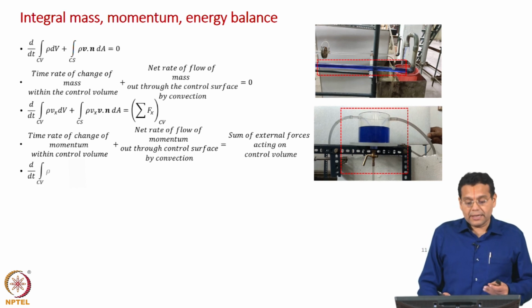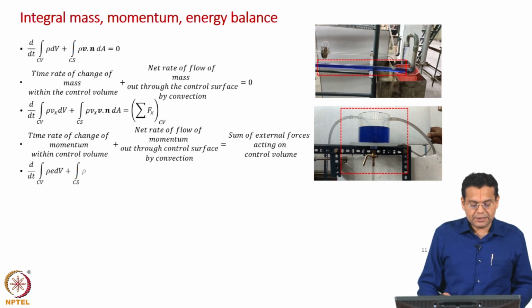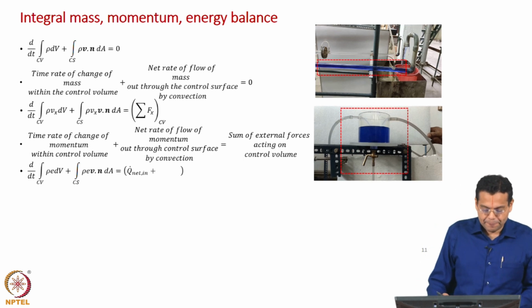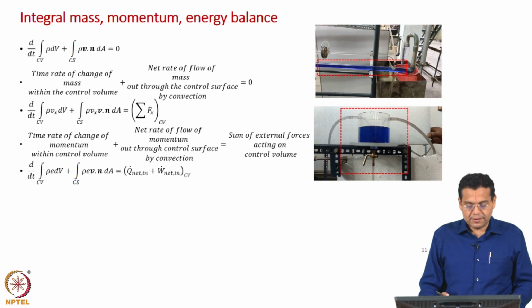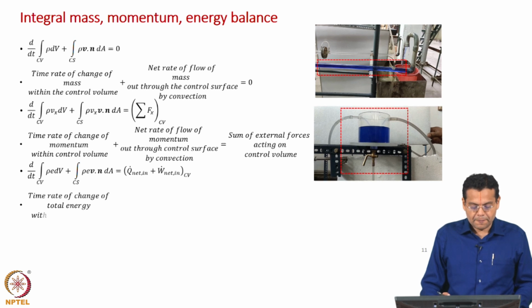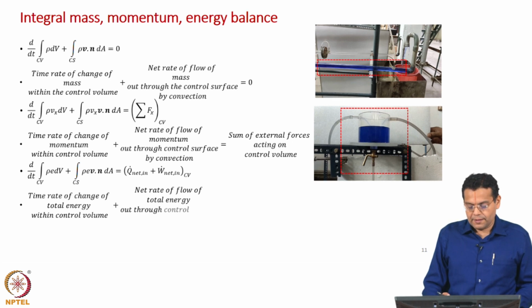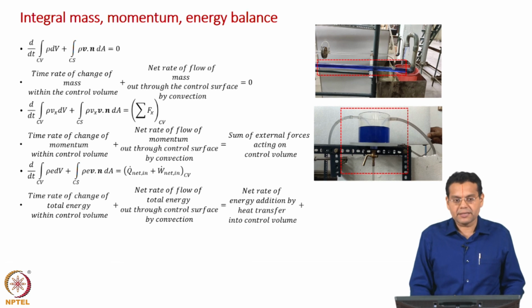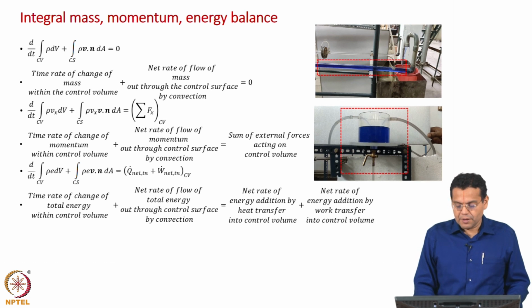So, let us write down the integral energy balance equation which we have derived now, that is the right hand side, and just now we saw the significance for the first term on the left hand side, then the convection term, and then the net rate of energy addition terms on the right hand side by heat transfer and work transfer.